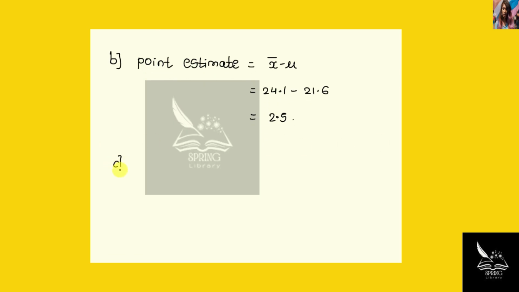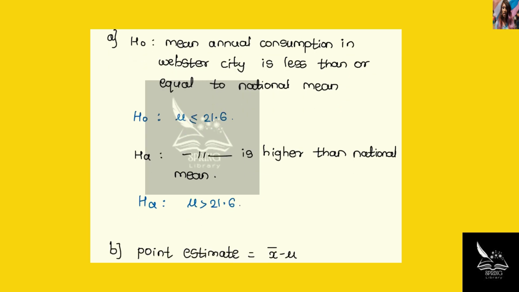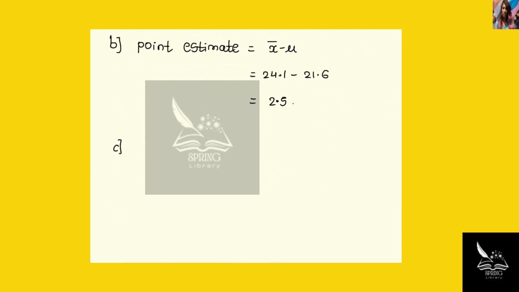And then next we have to give the conclusion by testing the given hypothesis. Here we have already written the null and alternative hypothesis. Then by using that we can calculate the test statistic value.